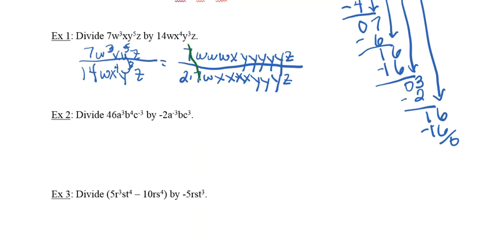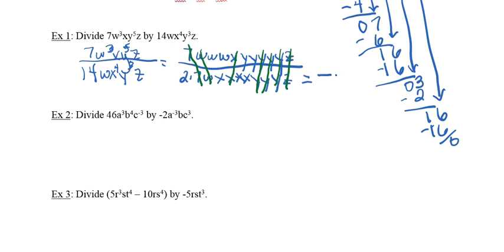So 7 over 7 just becomes 1. W over W just becomes 1. X over X just becomes 1. Y over Y, Y over Y, Y over Y, and Z over Z. So everything I've crossed out is just the number 1, and in multiplication, it doesn't change anything. So now what I'm going to do is see what I have left.